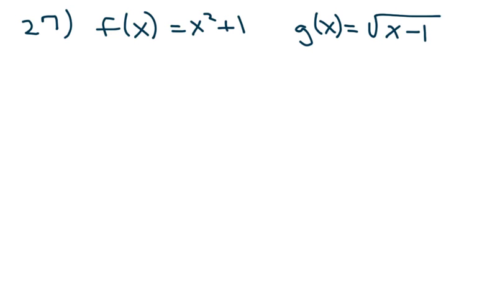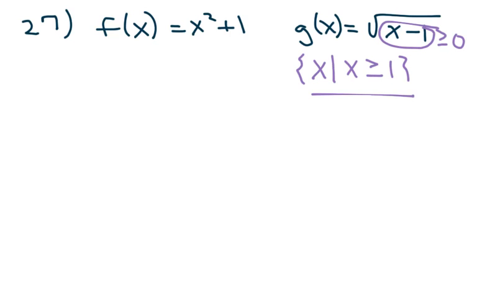So for 27, for the domain of g, we have x, but x has to be bigger than or equal to 1. Remember, the expression under the root has to be bigger than or equal to 0, so that's why we get that.